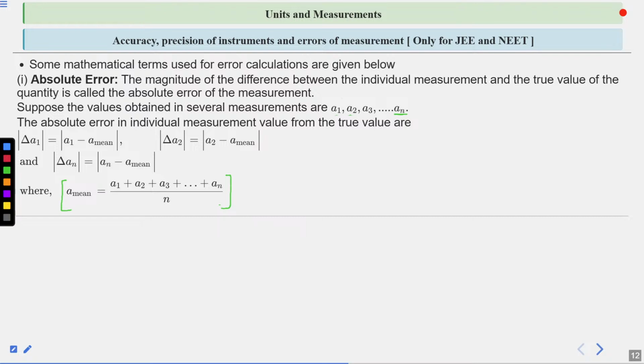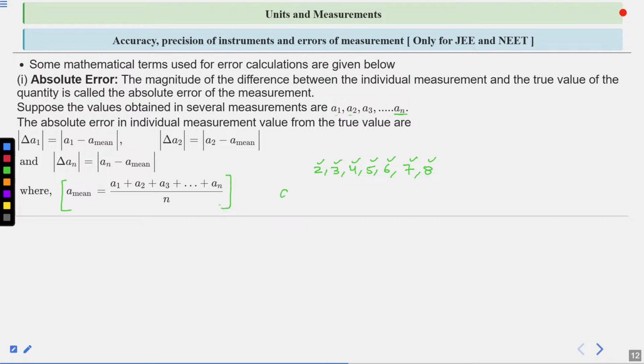So let's take an example. Suppose we have n data, and the measured values are 2, 3, 4, 5, 6, 7, 8. How many numbers? 1, 2, 3, 4, 5, 6, 7. There are 7 values. Now we want to calculate the mean value.